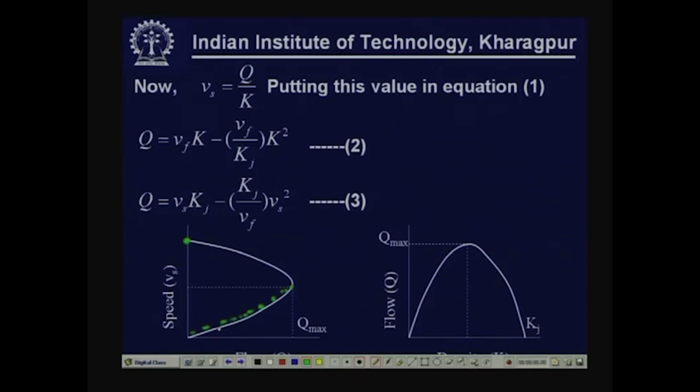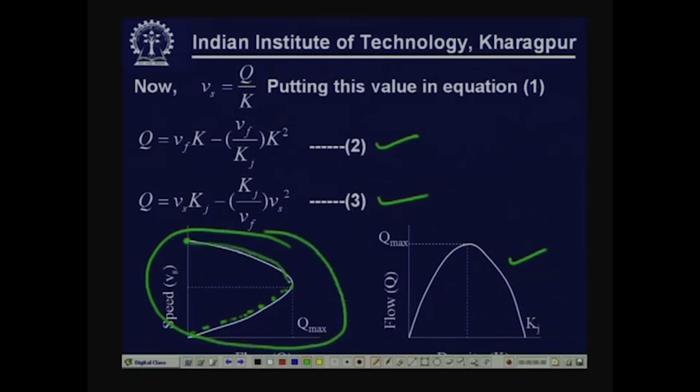We will have more discussion about the relationships later. But obviously, if you plot equation 2, you will get a Q and K relationship like this, and if you plot equation 3, Q and Vs, you will get this kind of relationship. So, here also you find there are two domains.